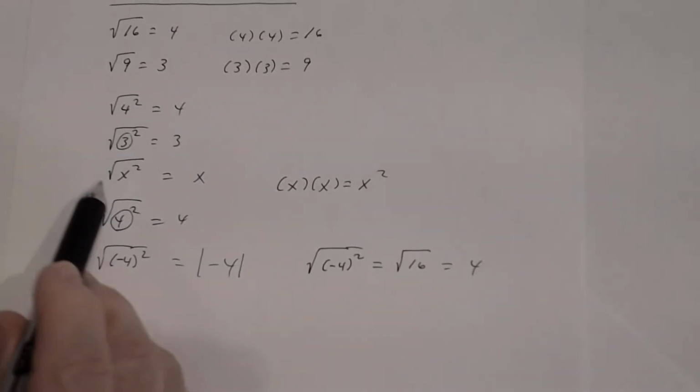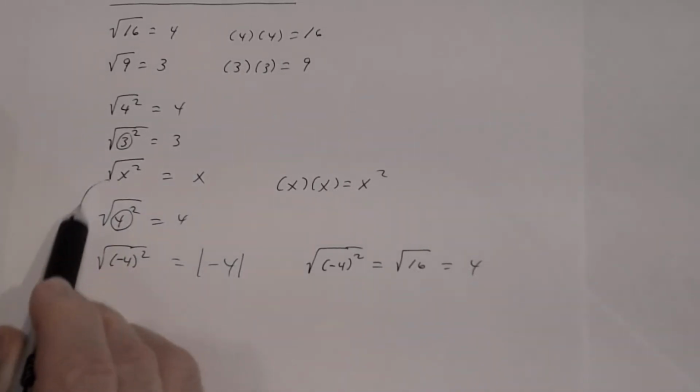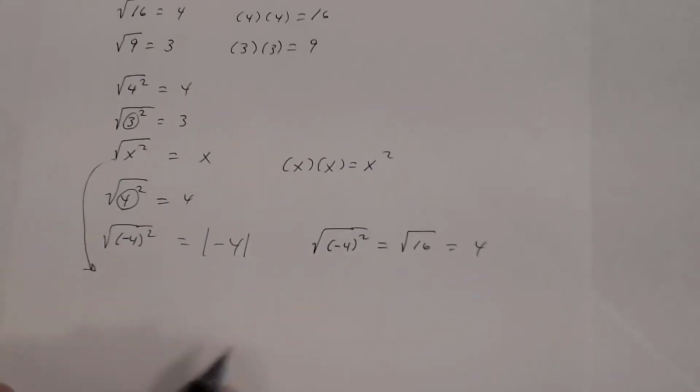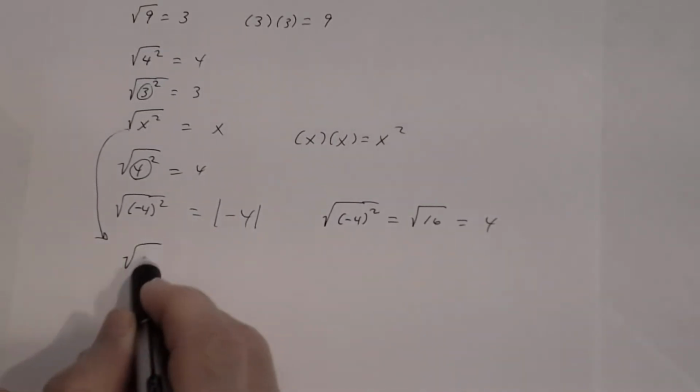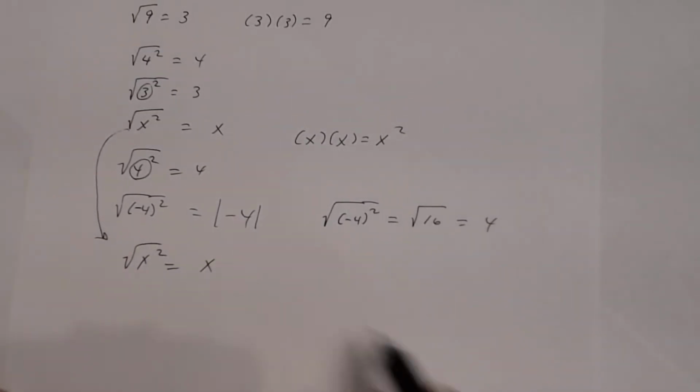So when we come back over here, I need to be careful when I say that the square root of x squared is equal to x, because that's not always true.